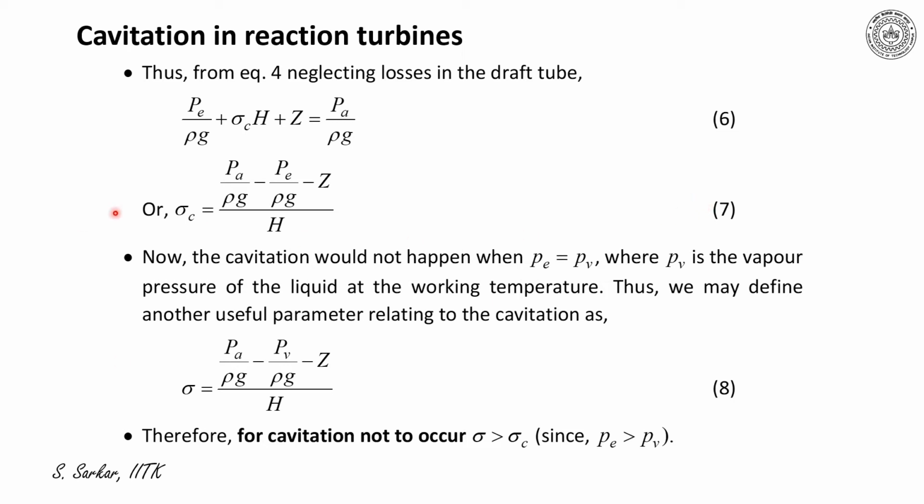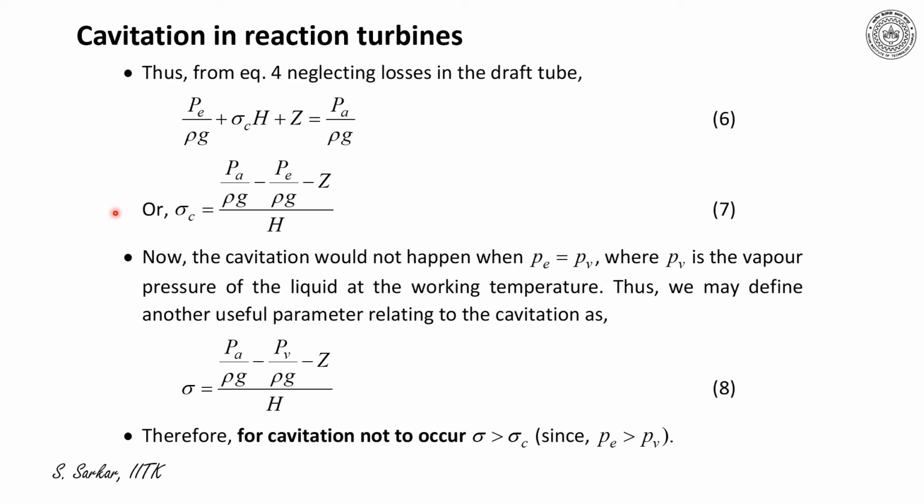Now in this equation, we can consider a limiting case when the cavitation would not occur if P is equal to PV, where PV is the vapor pressure of liquid at the working temperature.